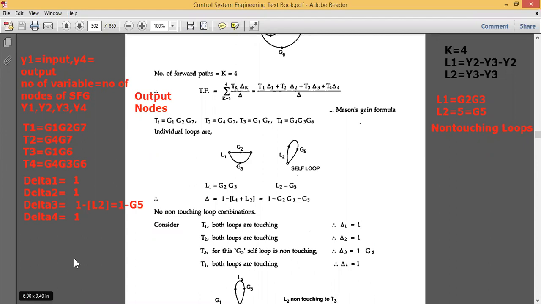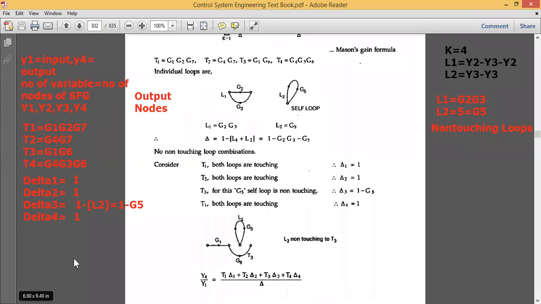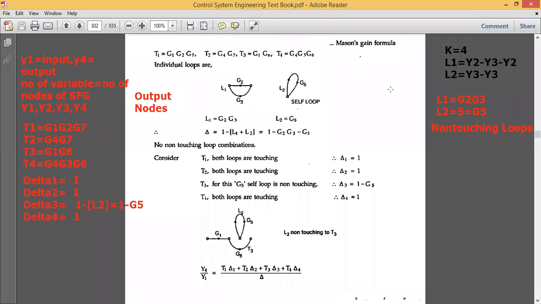So all the loops are touching my forward path. Once you obtain the value of delta 2, delta 3, delta 4, you can simply go for finding the transfer function.